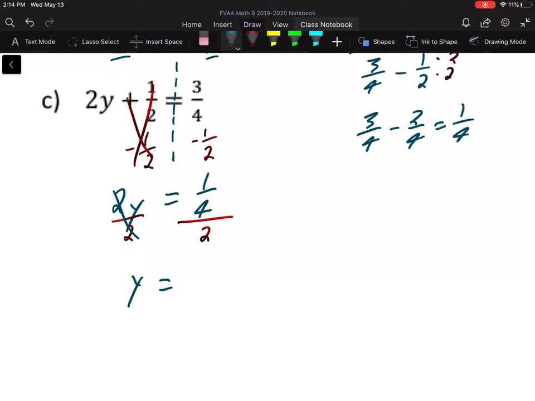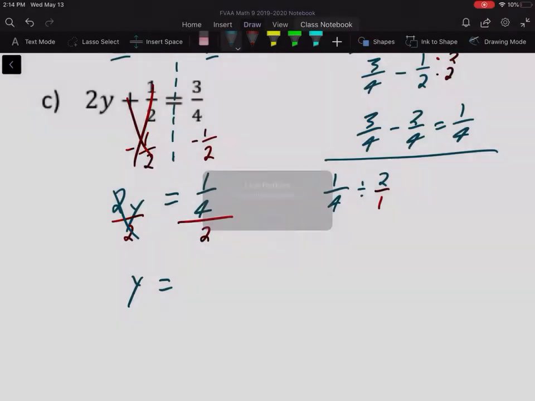And then here, again, the side work, this would be 1 over 4 divided by 2, but you can see it as 2 over 1, right? Because it's helpful to see it as a fraction when you're dividing a fraction.